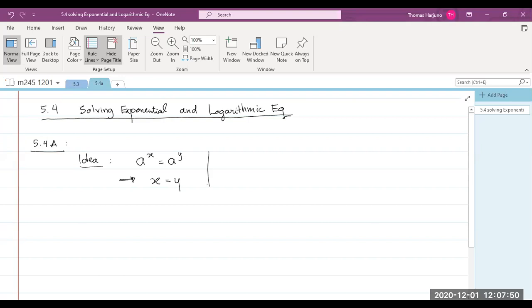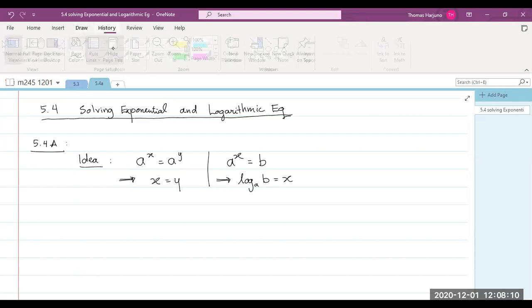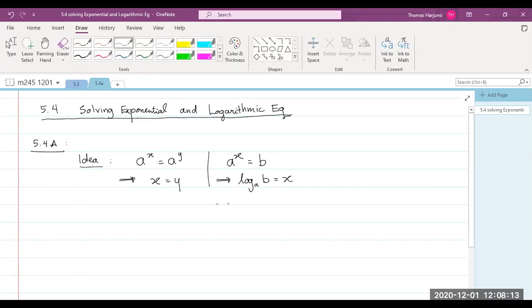Now, on the other hand, suppose a to the x equals something which is not base a, let's call that b, then I will change this into log form, log base a of b equals x. Then maybe you use a calculator. Of course, you do change of base first, either log base 10 or log base e, and then you use the calculator.